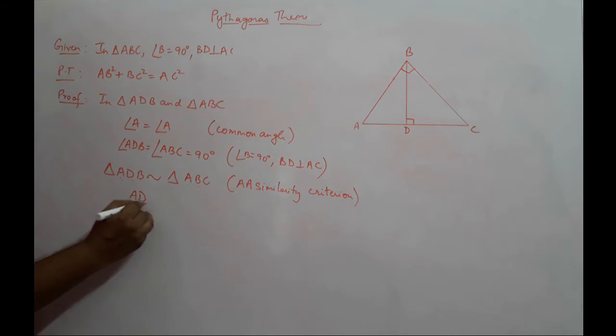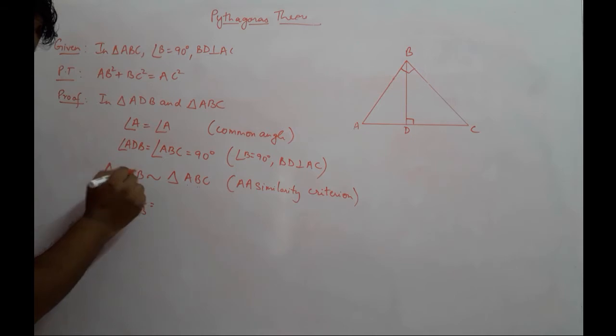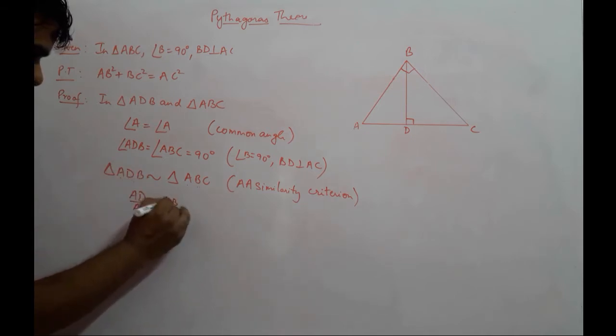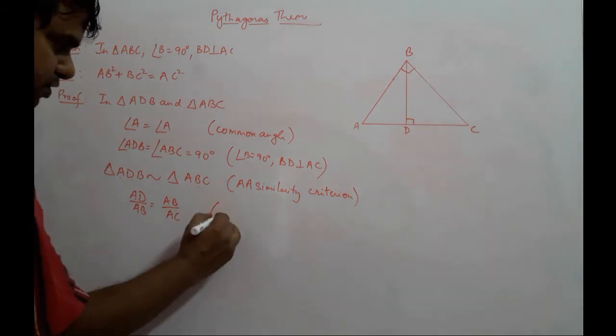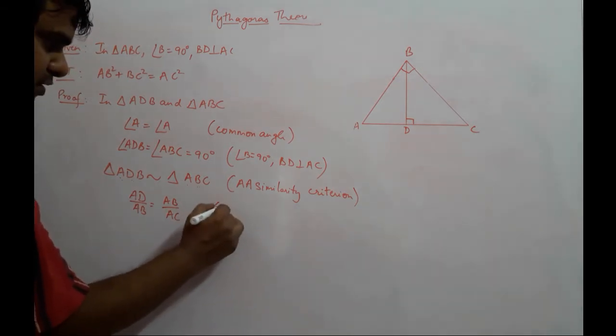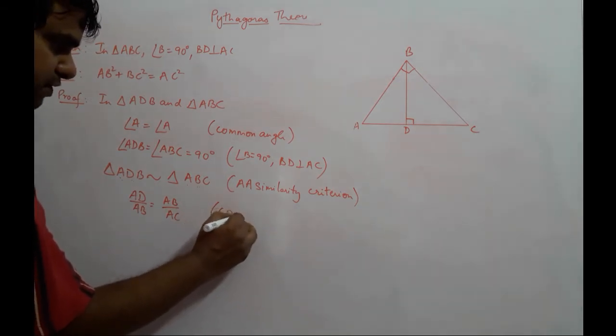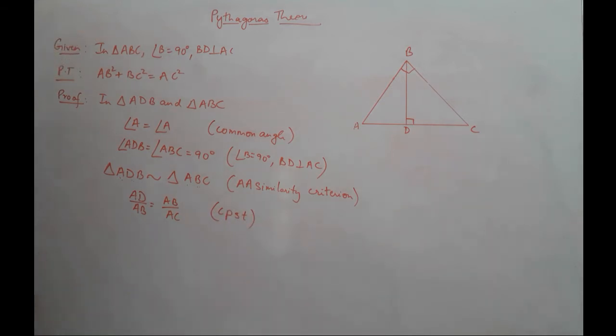So AD upon AB is equal to AB upon AC. And this we can put as corresponding parts of similar triangles, CPST.